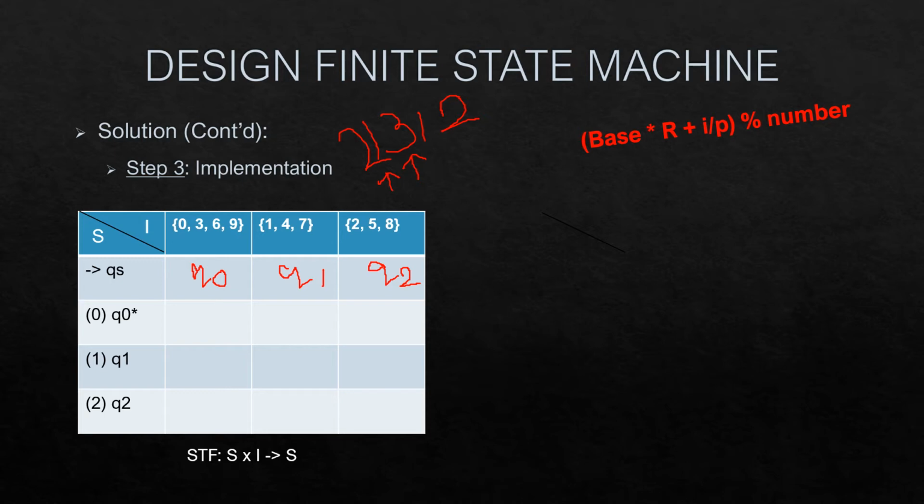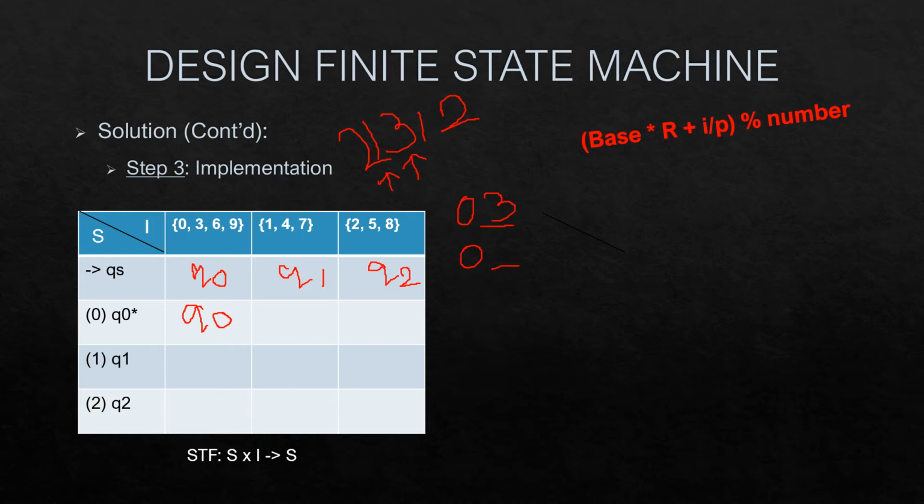Similarly, when I reach Q0 state, that means my previous division's remainder was 0. Now, if the next digit I get is 0, 3, 6 or 9, I will be able to divide that number completely by 3 and get remainder 0. So I have to stay in the same state. Since I am in Q0 state, my previous division gave remainder 0.